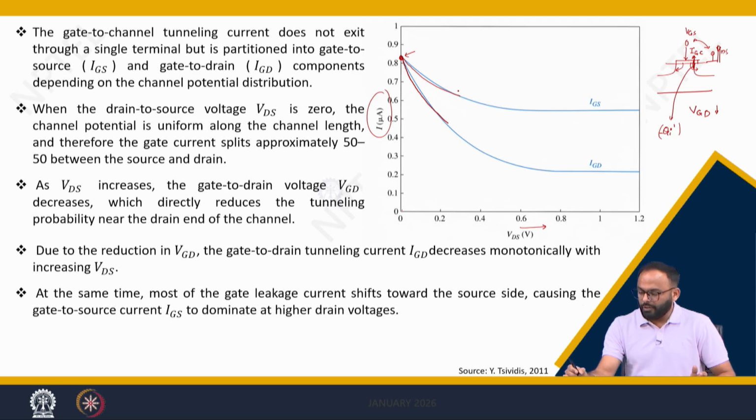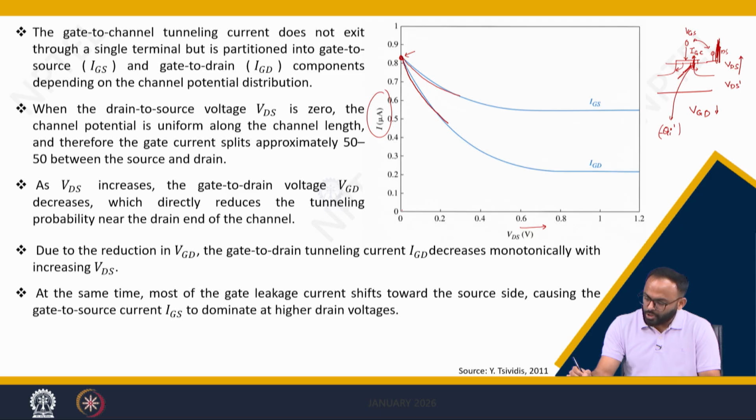Now, what will happen if you increase VDS beyond a certain point? For example, if you increase VDS and attain the saturation point, VDS dash, then beyond that point, even if you increase VDS, the channel is pinched off.